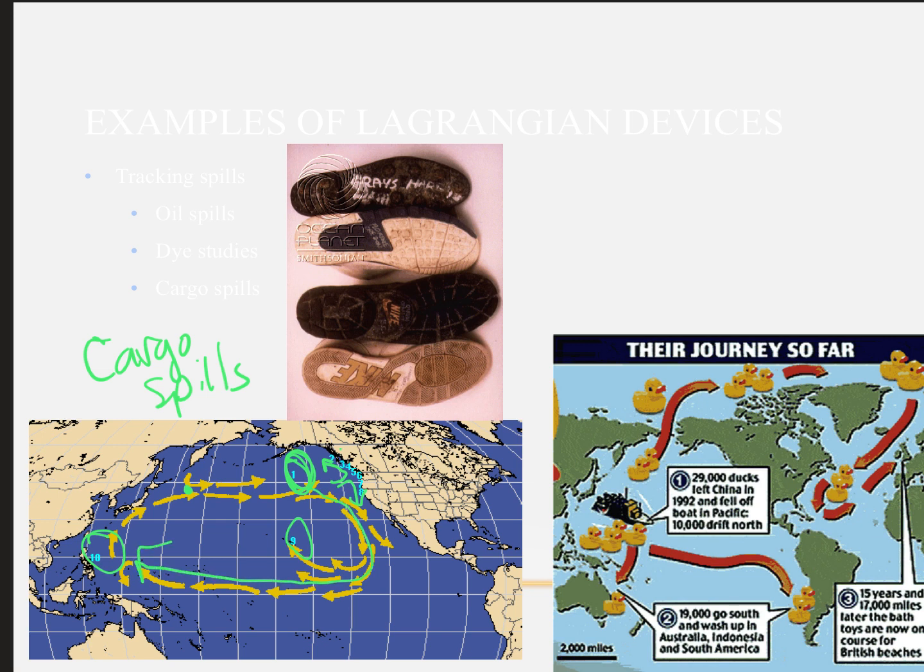Okay. Another example was 1992. And so there are 29,000 rubber ducks, turtles, and other bathtub toys that were accidentally released.